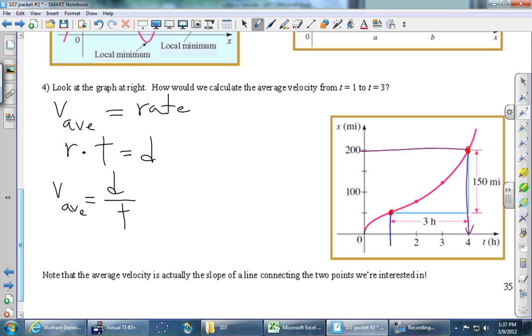What does this mean? 1 hour in, we are at the 50-mile mark. Let's write those two things over here. So after 4 hours, we've gone 200 miles, and after 1 hour, we have gone 50 miles.